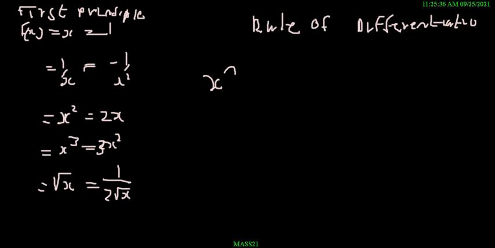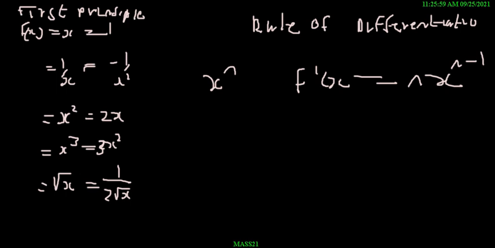Then our derivative is going to be equal to n times x to the power n minus 1, which means the power is subtracted by 1 and we multiply x by the power.